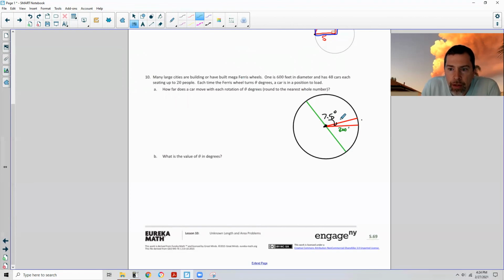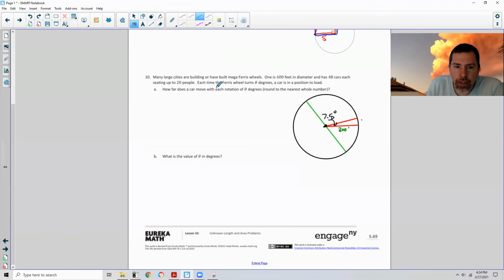Okay. 48 cars being 7.5 degrees apart. Each seating up to 20 people. That confuses me. If there's 48 cars and it seats 20 people per car, that's a pretty big Ferris wheel. Anyway, each time the Ferris wheel turns theta degrees, which is 7.5 degrees, a car is in position to load.